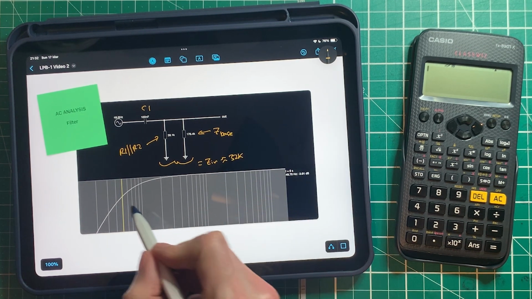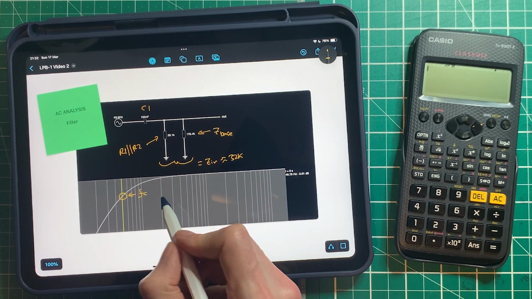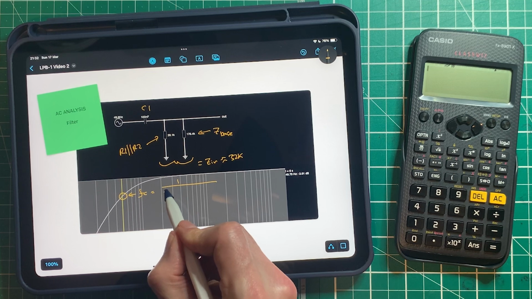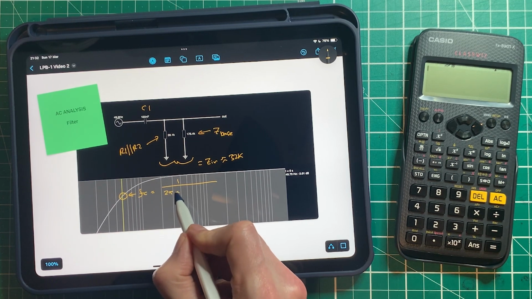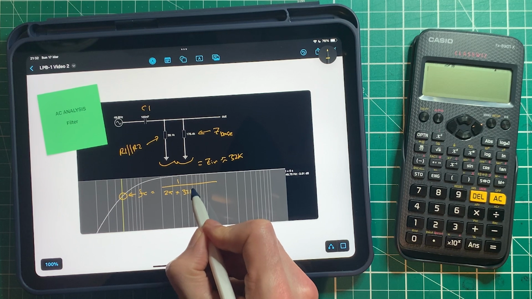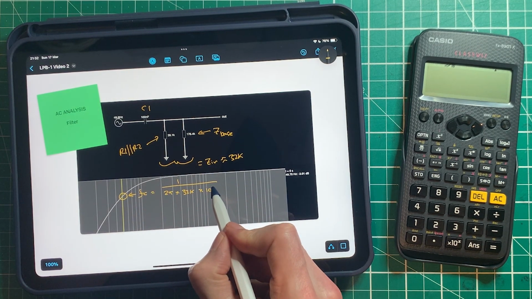So we can use that to work out this corner frequency here. So our corner frequency equals 1 over 2 pi times Z in, 32K, times 100 nanofarads.